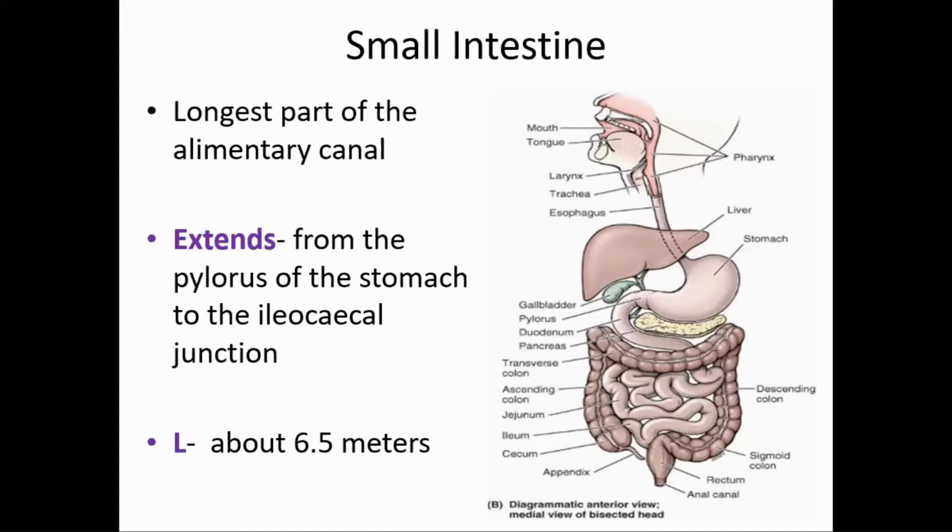The duodenum is a C-shaped tube present around the head of the pancreas. The duodenum is the fixed and dilated part of the small intestine, whereas the jejunum and the ileum are mobile.